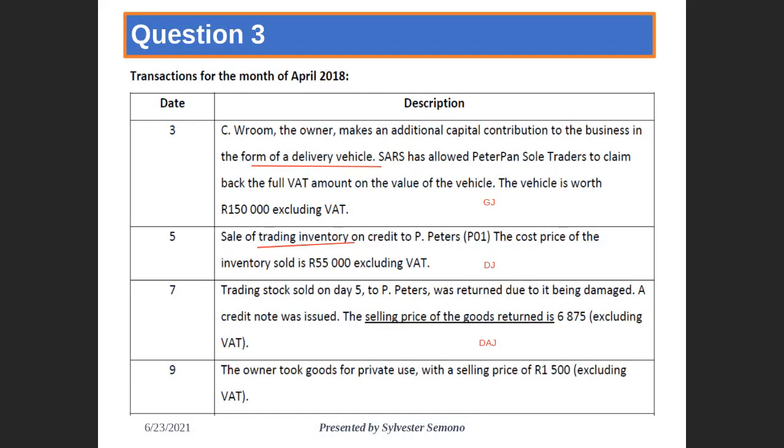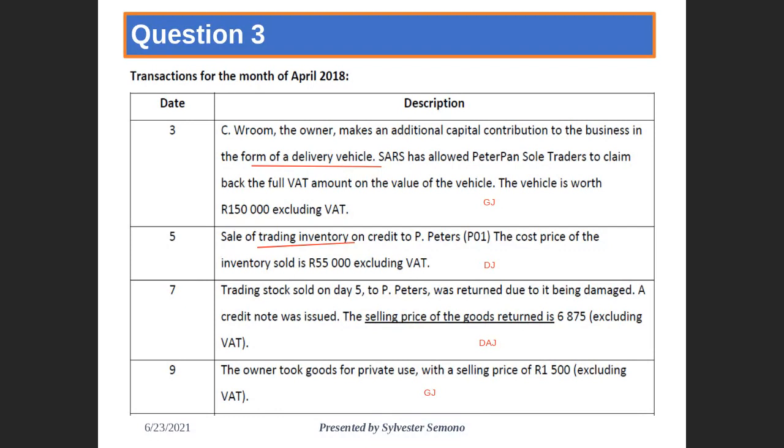The owner took goods for private use. Please tell me where to go. Gateko said CBP, GJ, Makale, Masiso, CBP, GJ, Anthony. The answer is GJ. Remember, the owner did not take cash.